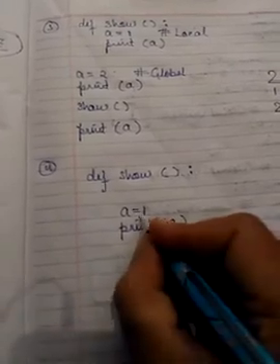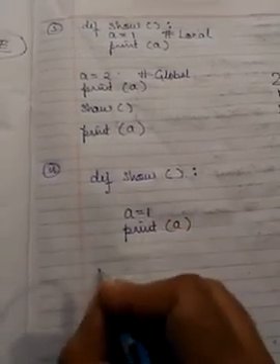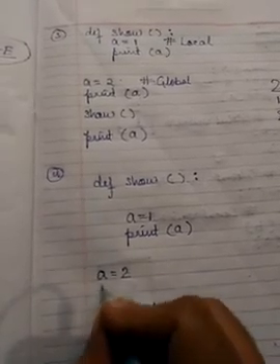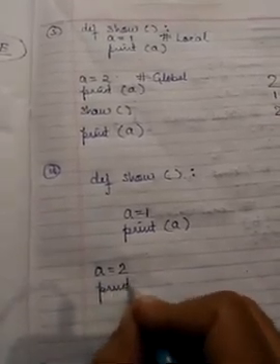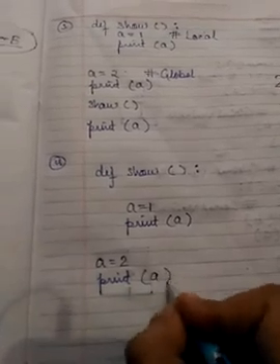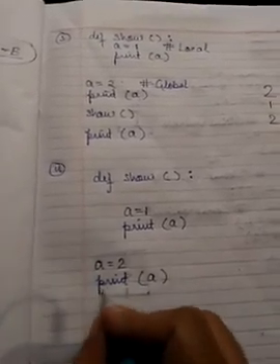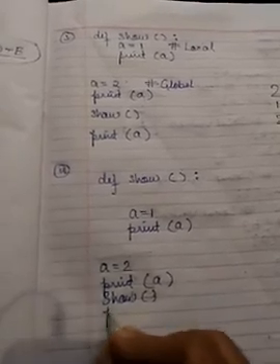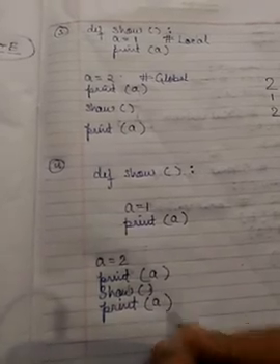It is a local variable. In the main body I am defining a equal to 2. It is a global variable. Print a, then calling the function show. Again I am writing print a. Again, what will happen?